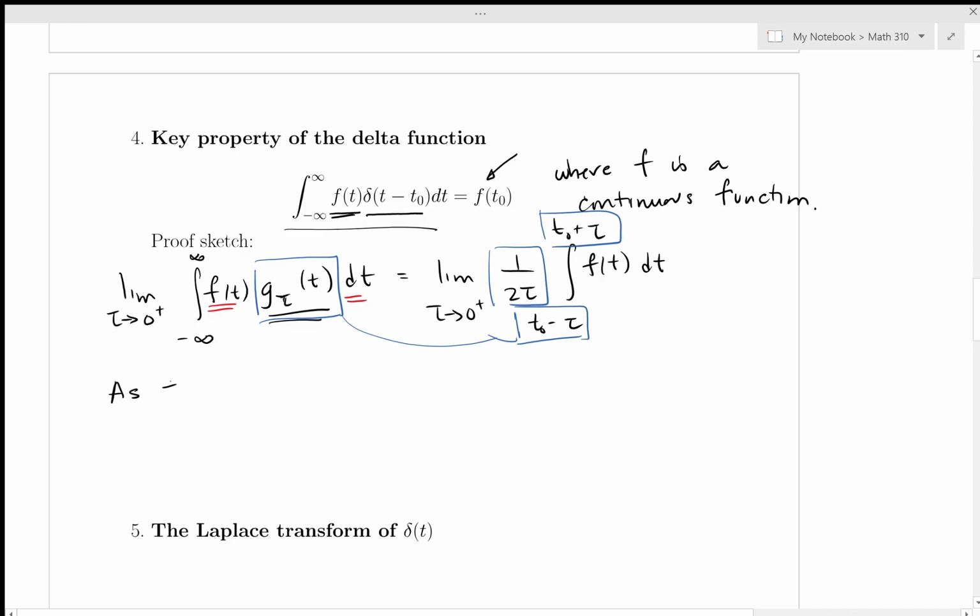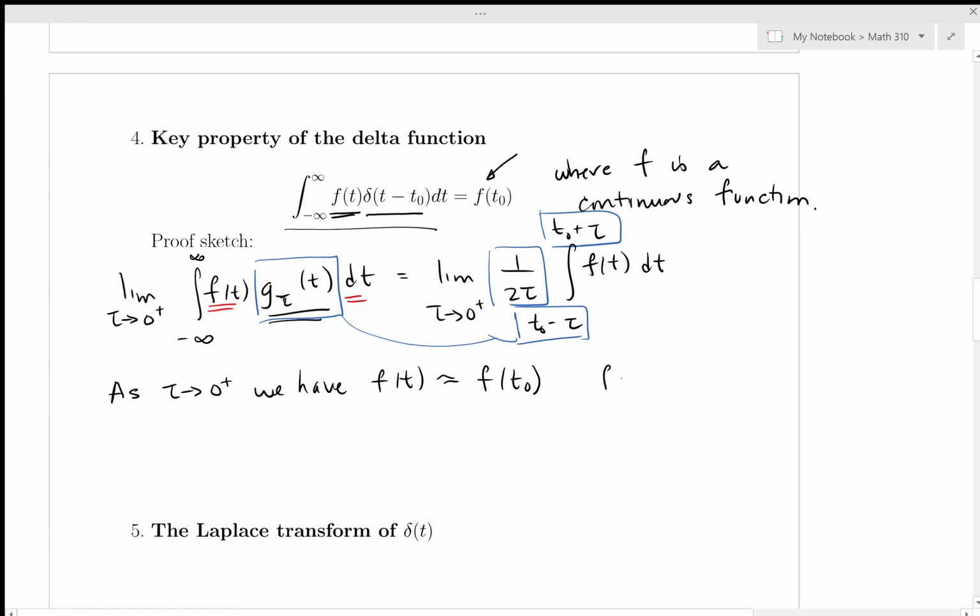As tau goes to 0, we have f of t being approximately f of t naught, really, because we're only sampling the function for a very brief interval of time, and the function could be considered to be constant during that small interval.